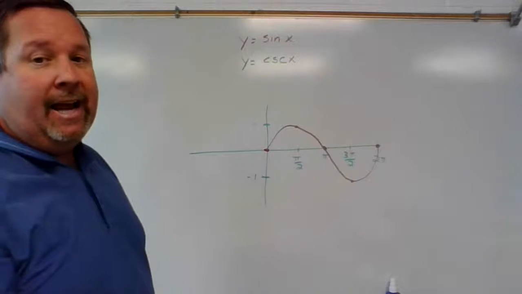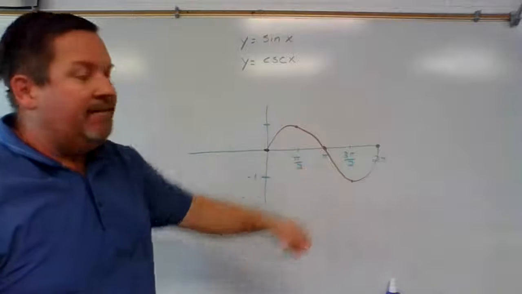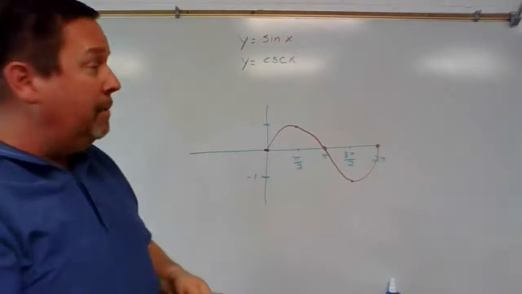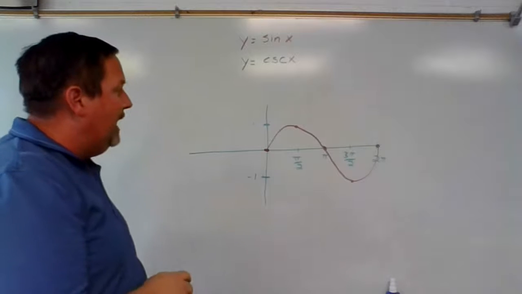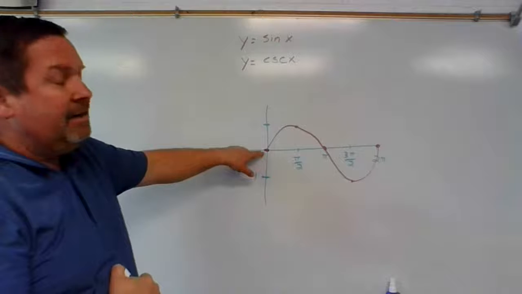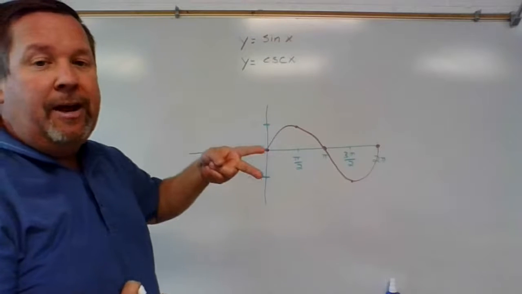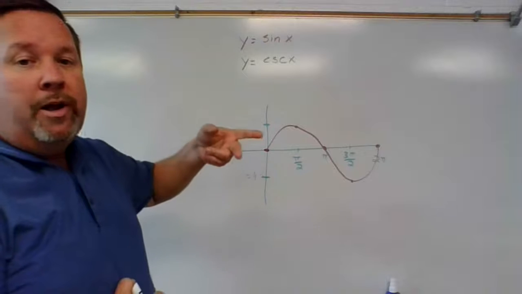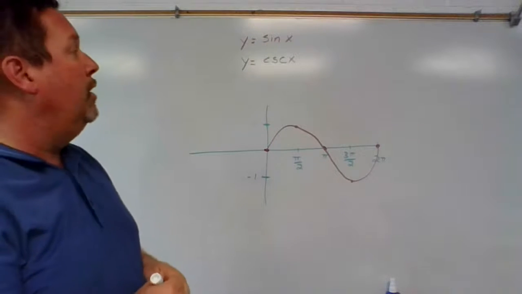Y equals sine x. What I want to look at then is taking some of these significant values and flipping them to get the graph of y equals cosecant x. Right here at 0, the sine is 0. Well, for cosecant, what's the flip? What's 1 over 0? Turns out we can't do 1 over 0.